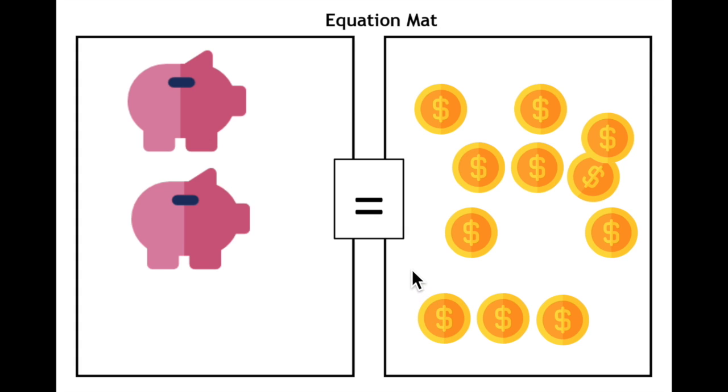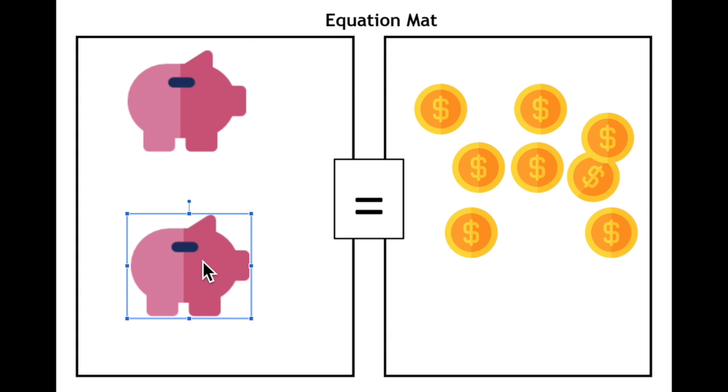And I'm going to get rid of these 3 coins on this side so that I can show, yeah, now that it's in balance. Okay, because if I took 3 out and I took 3 out, that means that what's left here is what belongs in these little piggies. So then, since there's 2 of them, I'm going to divide these coins into 2 parts.